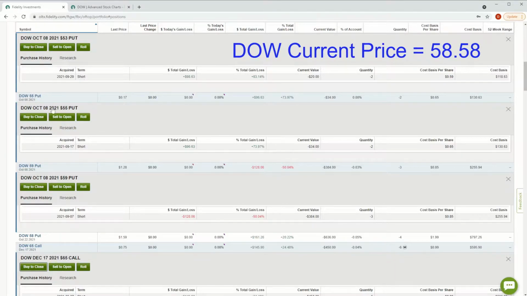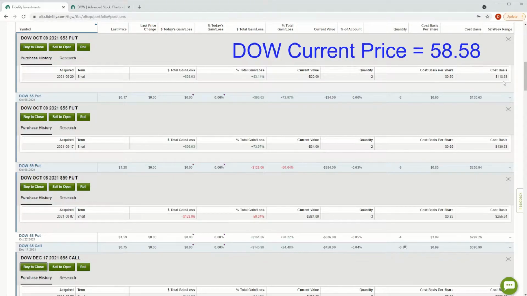Because the actual strike price is well below the current price, whereas this one is just in the money for the person that owns that option, the person that bought that option. So it's got some built-in value right now, or what we call an intrinsic value.